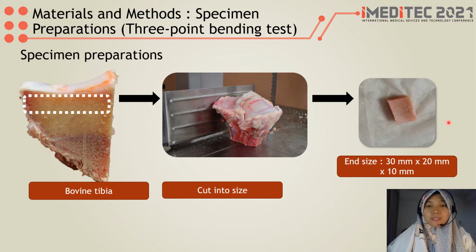Before all the specimens were used for the compression and three-point bending tests, the remaining bone marrow and fats were removed using an air jet and also immersed in an ultrasonic bath to allow the bone marrow to be removed easily.